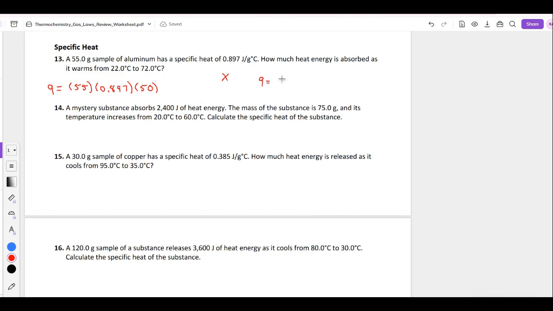How much energy in joules? 2,466.75. So I'll round it off to 2,466.8. And voila. There is the energy of aluminum when you've got 55 grams of it and its temperature raised from 22 to 72 degrees Celsius.